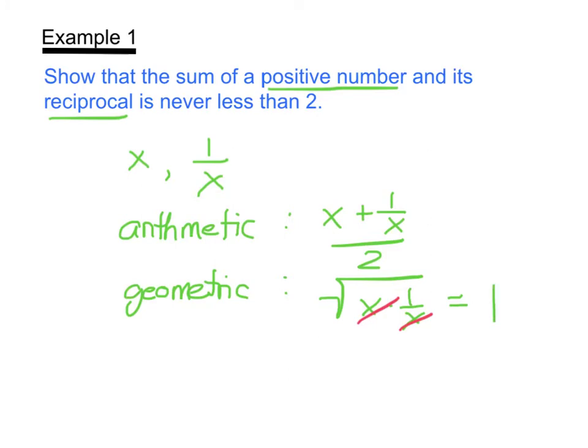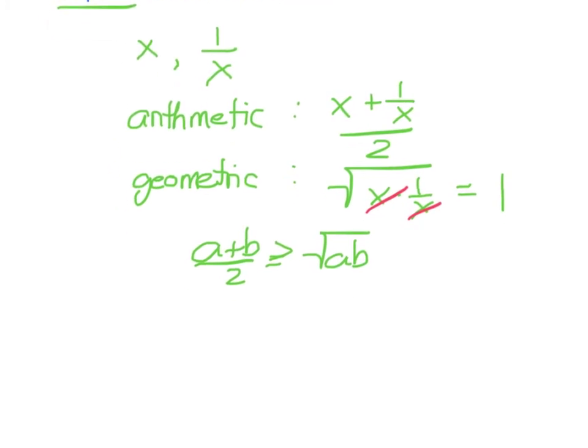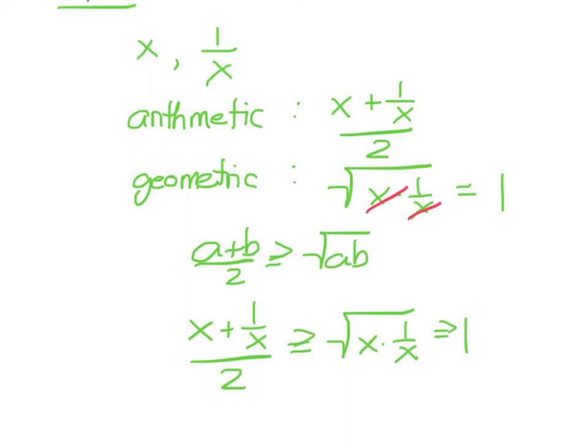So now using the inequality, the standard form, which again is a plus b over 2 is greater than or equal to the square root of a times b. And now we plug in our numbers. We have x plus 1 over x, divided by 2, is greater than or equal to the square root of x times 1 over x, which is simply 1, because this is an inequality.